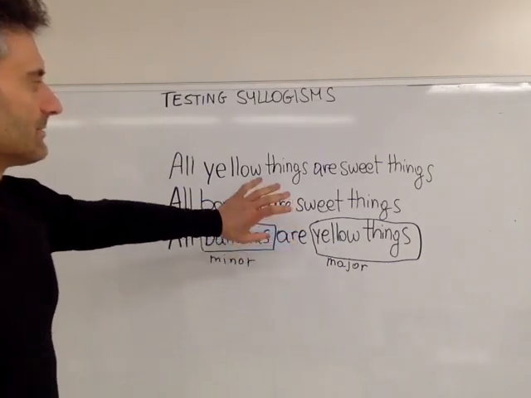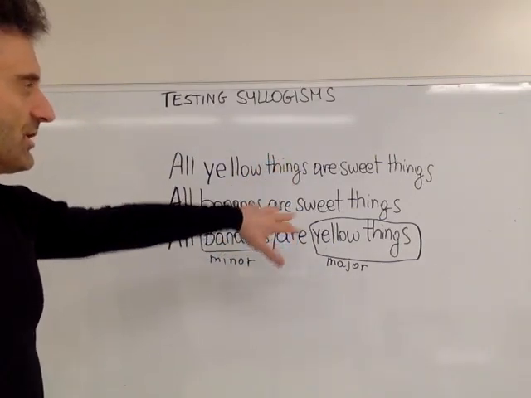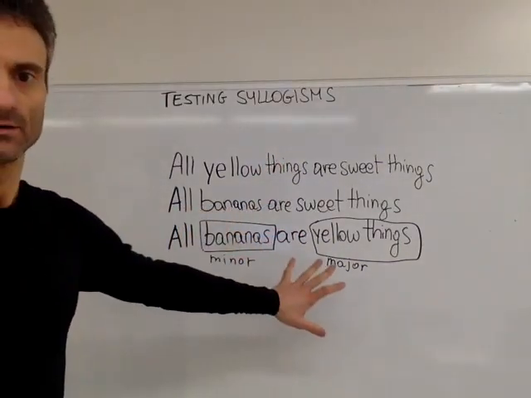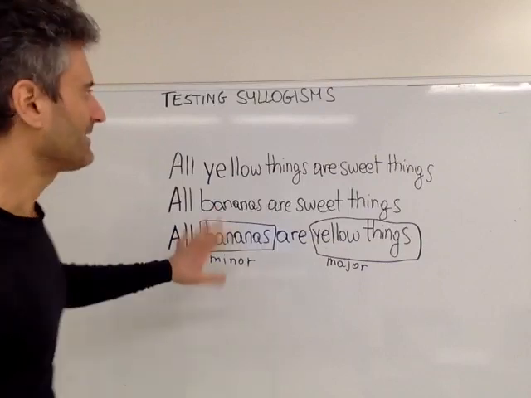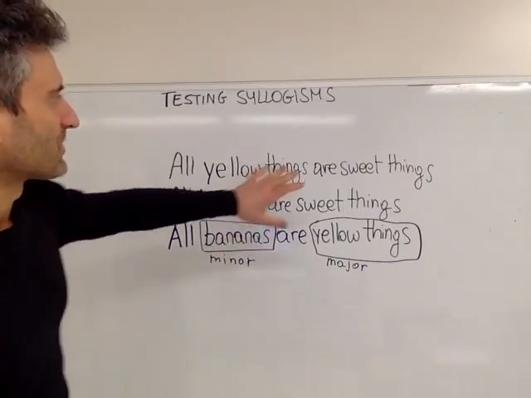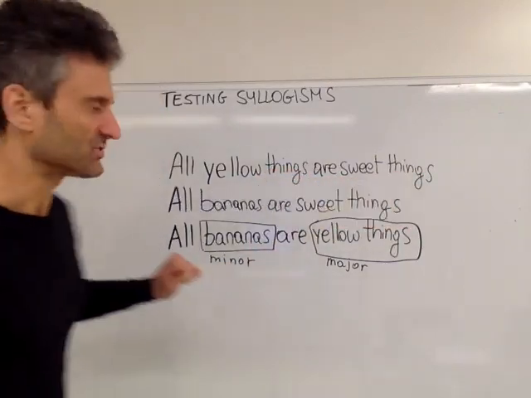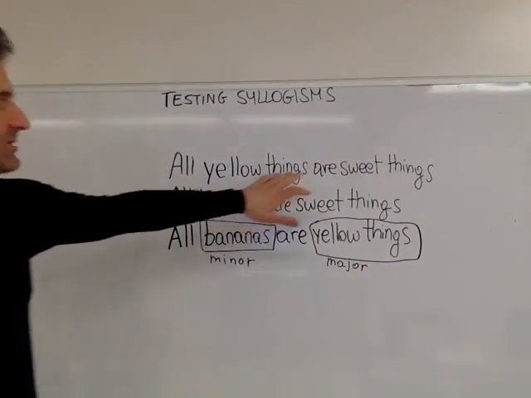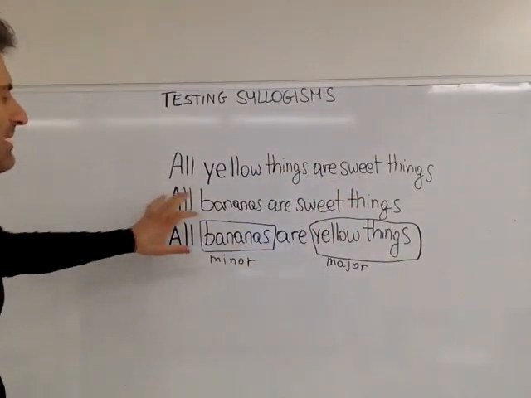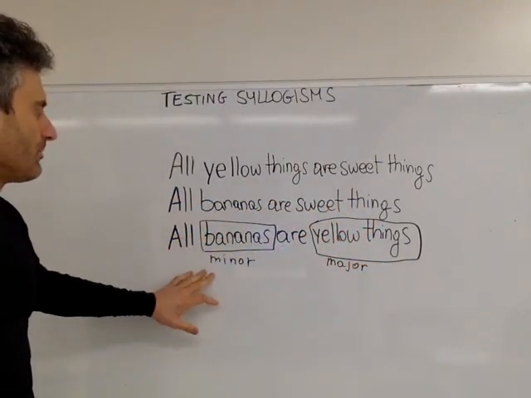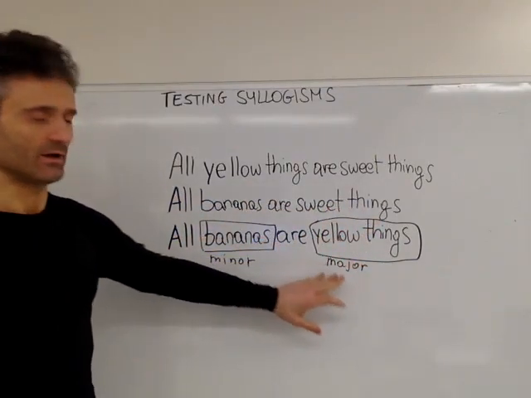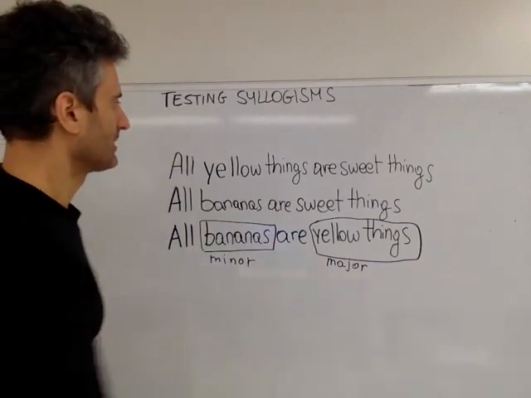Naturally, the other term that never occurs in a conclusion is the middle term, and in this case that will be sweet things. So in this argument, all yellow things are sweet things, all bananas are sweet things, therefore all bananas are yellow things. Okay?